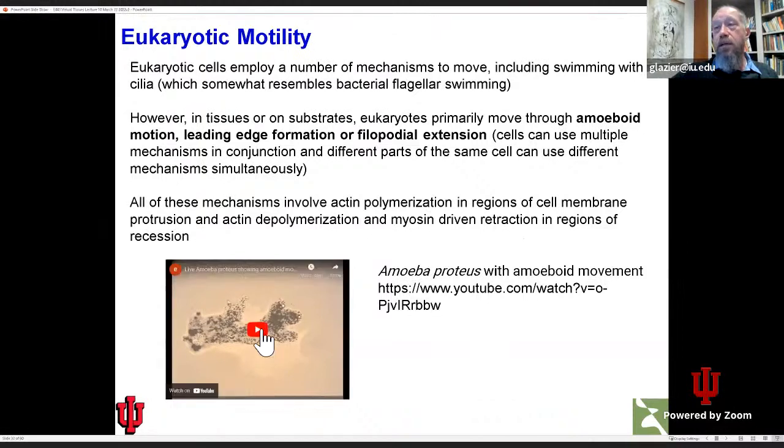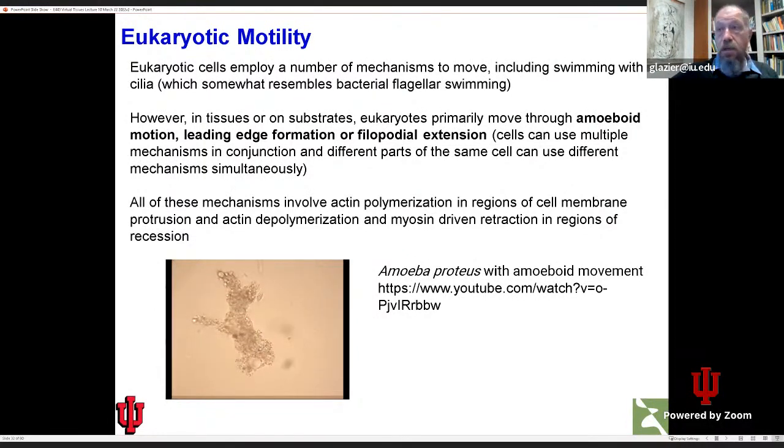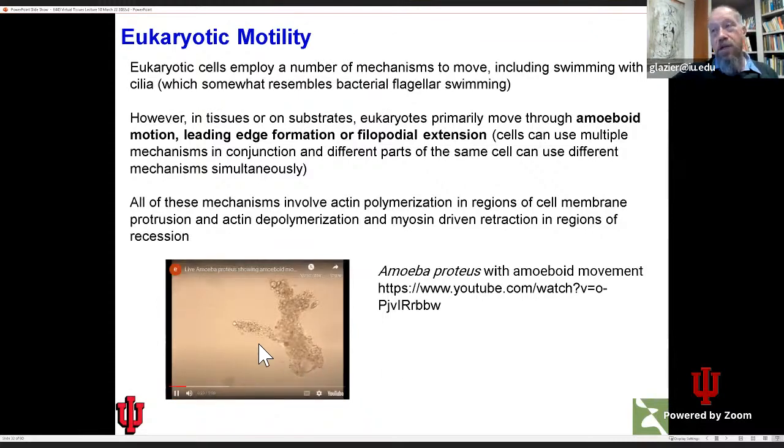In eukaryotic motility, the cells are larger, and so they can actually measure concentration differences between one end of the cell and the other. And so in that situation, the cells actually are able to swim actively. In this case, part of the cell is moving rather than the whole cell.